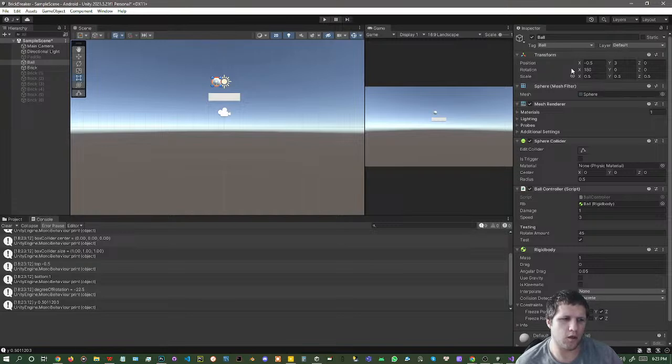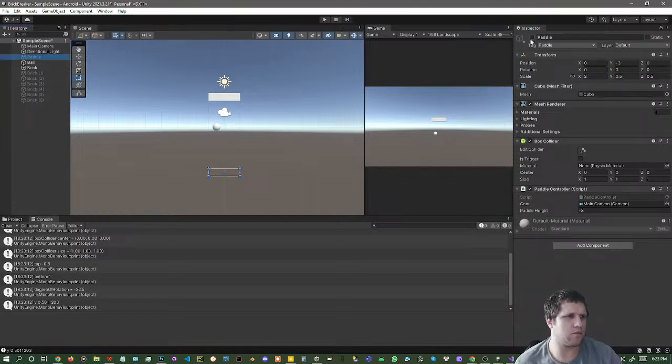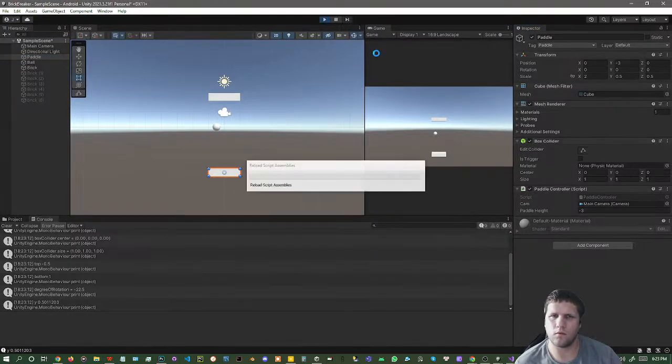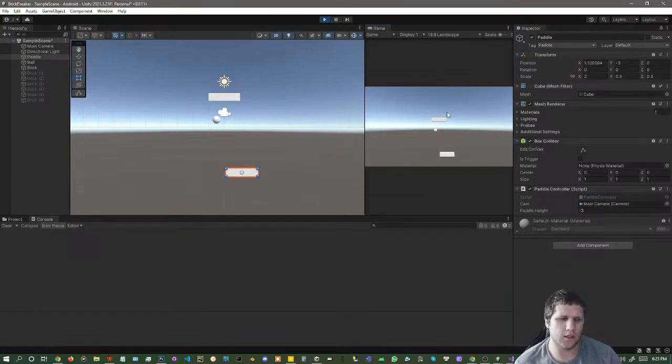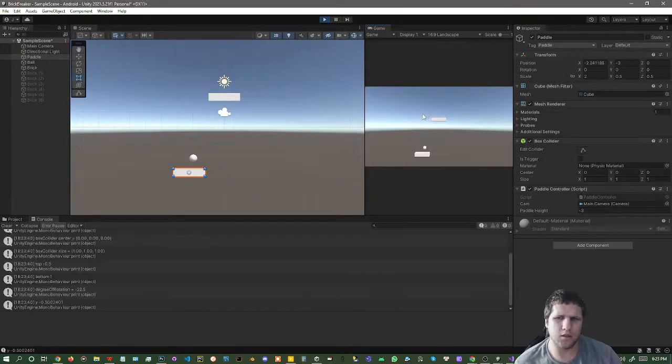Okay. Then what happened with the paddle? Is it because it touched the paddle many times?